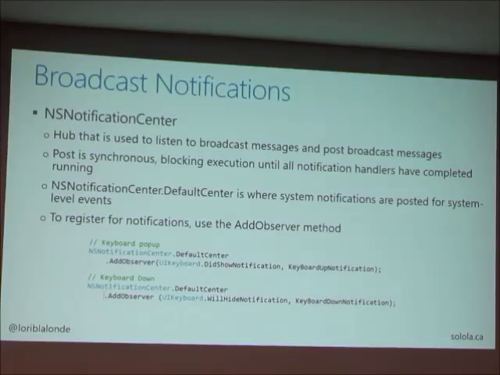If I'm registering for a notification, I have to use the add observer method off of the default center. In this case, I'm saying if the keyboard is showing, then I want it to take an action. So I'm going to register a notification action of keyboard up notification.